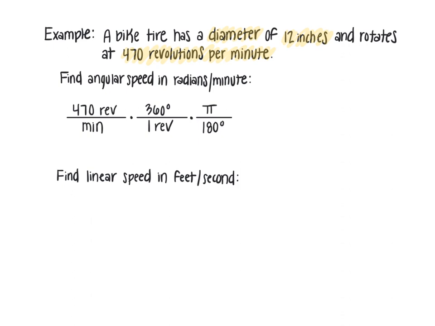Going through dimensional analysis, I know revolutions cancel because there's one on the top and one on the bottom. My degree measurements are also going to cancel because there's one on the top and one on the bottom. When I finish this off, I end up with 470 times 2 times pi over minutes.